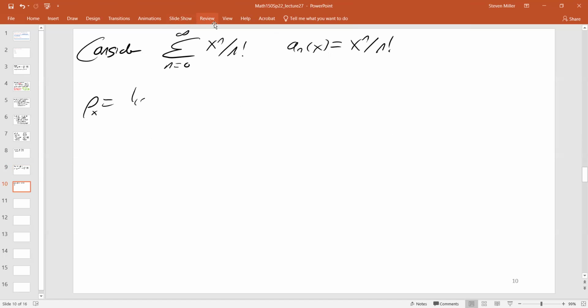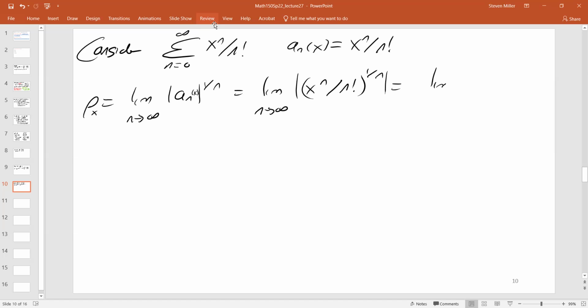So rho would be the limit as n goes to infinity of a_n of x to the 1 over n. So it's the limit as n goes to infinity of x to the n over n factorial, to the 1 over n. So that's your value. All right, if I have x to the n to the 1 over n, what is that going to be?